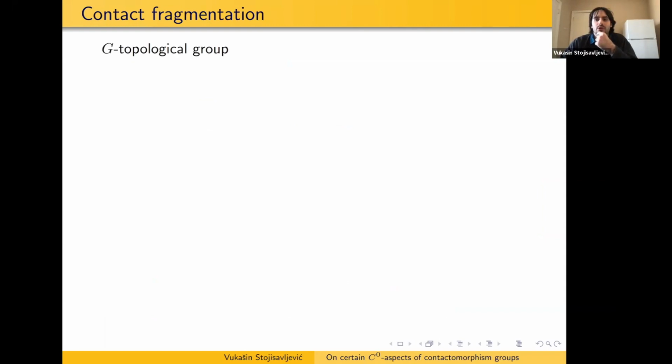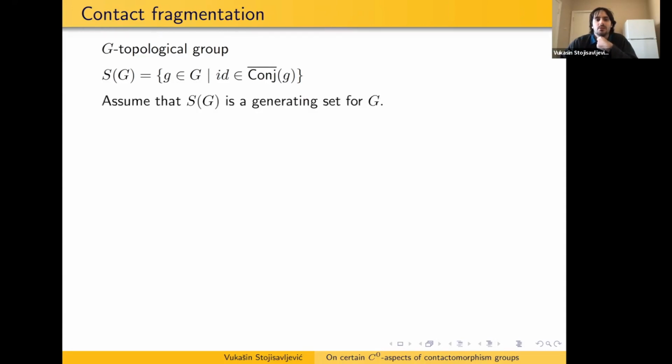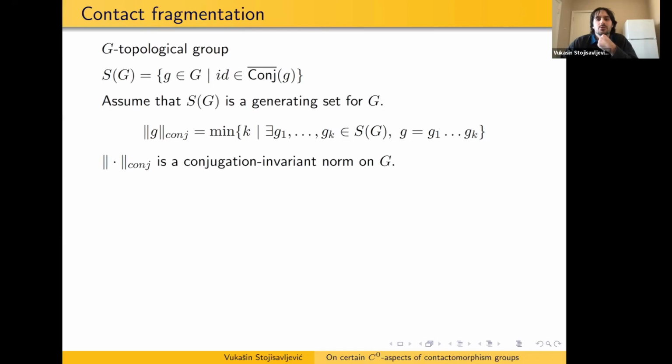If you have a topological group, and you look at elements such that the identity is in the closure of the conjugacy class of each element. So these S_G you think of as things supported in Darboux balls. And now if this is a generating set, then we can define a conjugation norm by looking again at the minimal number of such generators which decomposes the element. And this is always a conjugation invariant norm on the group G.